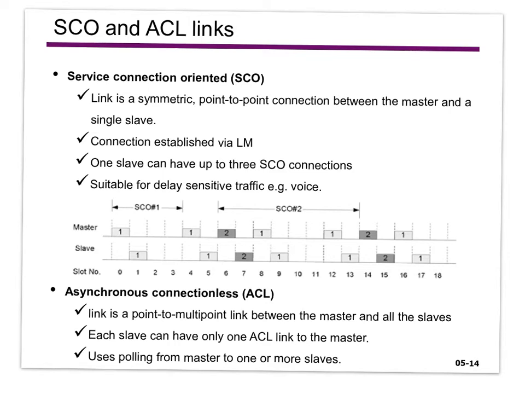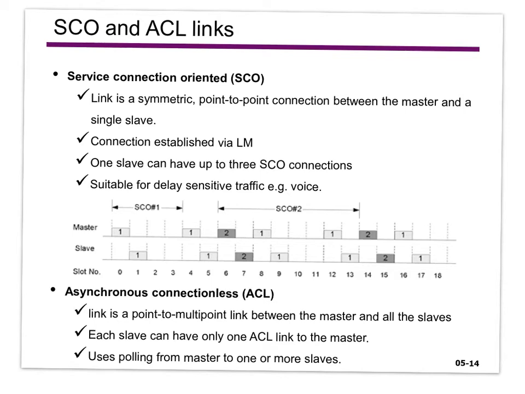So that's a circuit switching like operation, in which case the connection will have all the resources required pre-allocated to it. As we said before, the channel access mechanism uses TDD, TDMA, and these time slots are pre-allocated for the SCO connections.